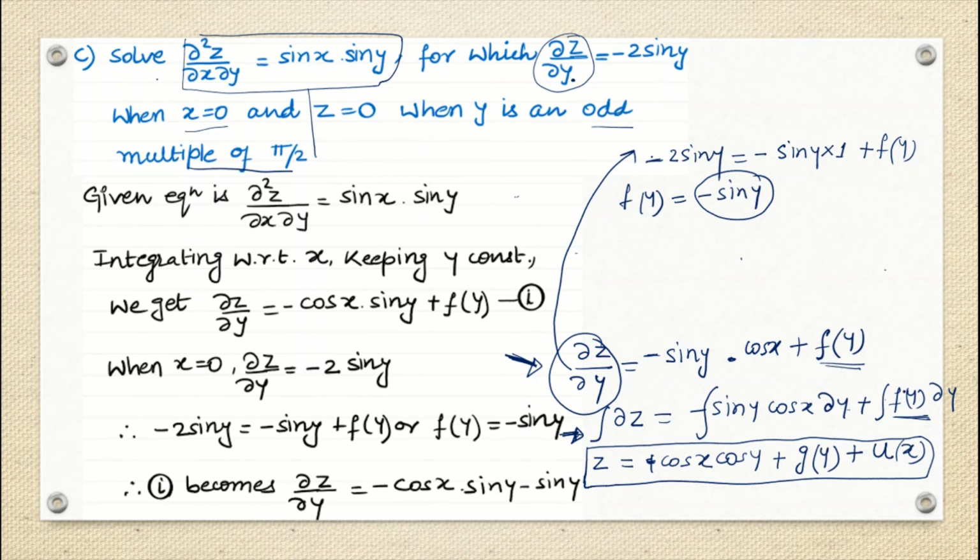So I'm getting g(y), correct? Because we have said that g(y) is nothing but integration of f(y) del y. Here f(y) is nothing but minus sin y. So my g(y) is integration of minus sin y del y.